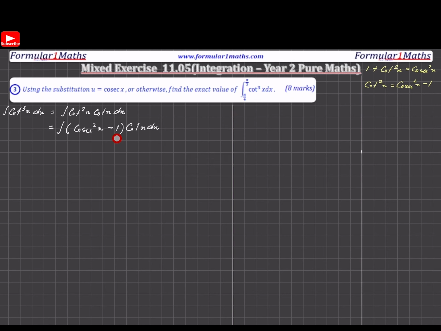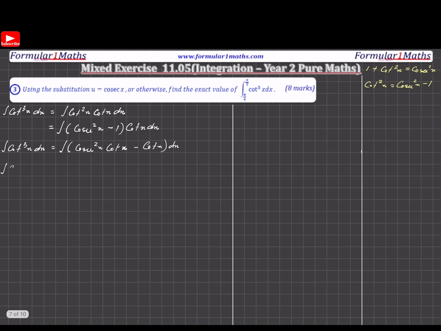I'm now going to expand this to get the following. The integral of cot cubed x dx is equal to integral of cosec squared x cot x minus cot x dx. Then I'm going to separate this into two parts as follows.